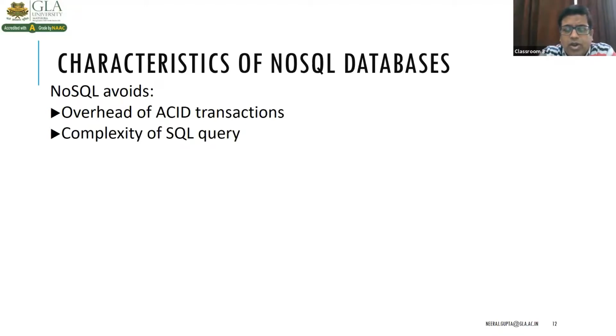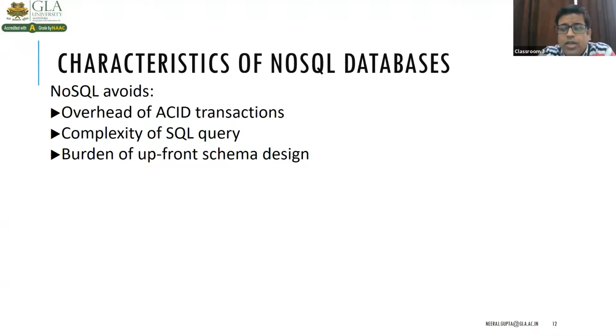It also avoids the complexity of SQL queries and the burden of upfront schema design. In the case of RDBMS, what is to be followed? First, we find out the requirements, then we design the ER model, and then we convert it into tables. That is followed, and finally we get the schema, that is the table, right?